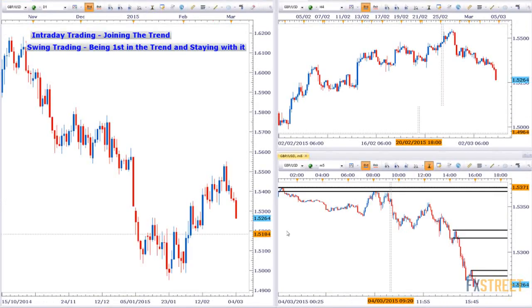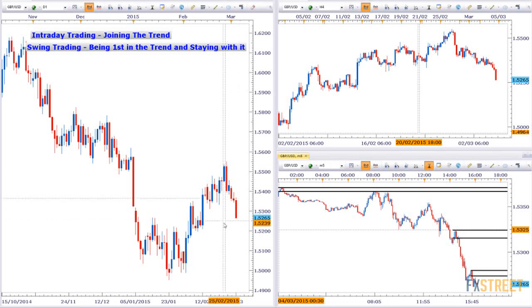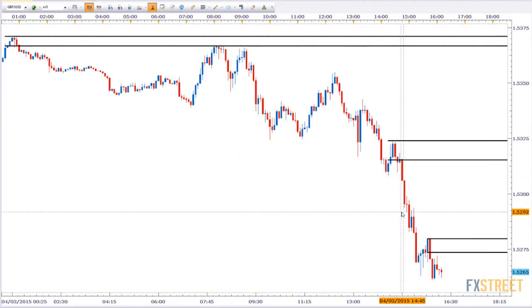A swing trader is going to have the advantage of trying to buy after a drop in price or sell after a rally in price. Does that make sense? When you're day trading, I like to use my supply and demand zones for my entries.